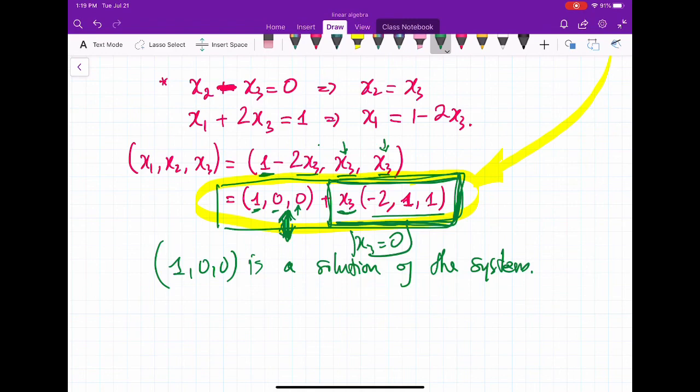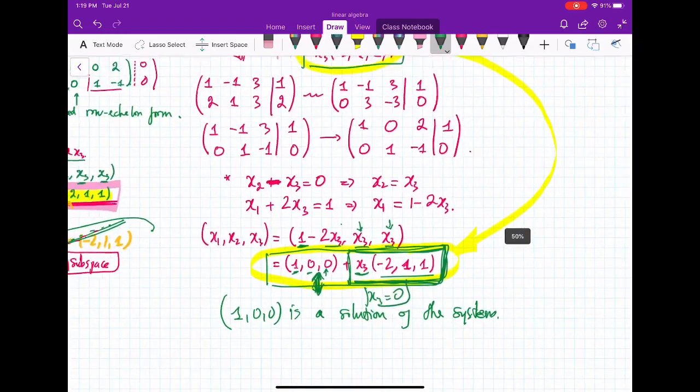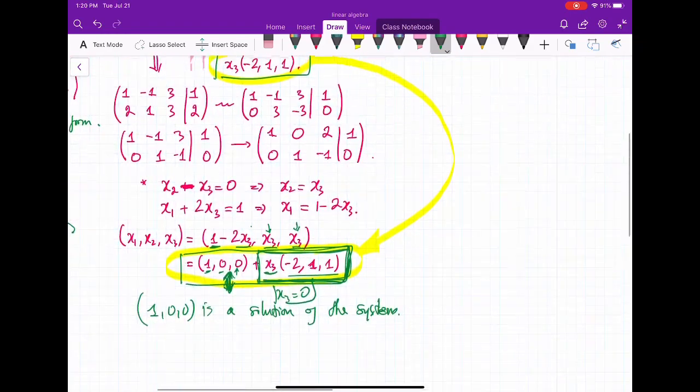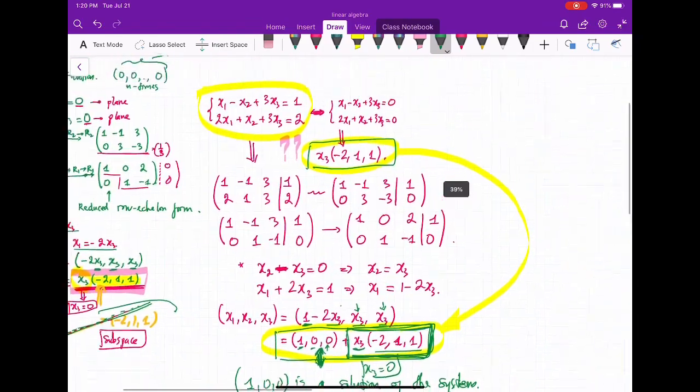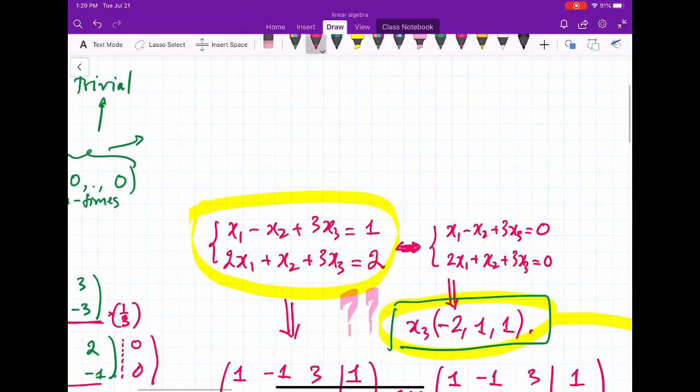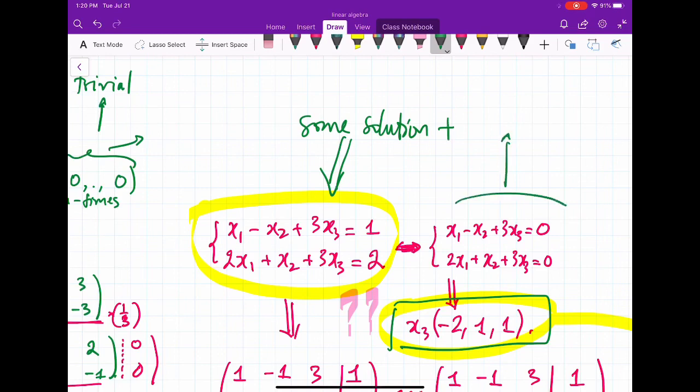So I hope you can guess the structure of the general solution of our system of linear equations. Here's the structure. The general solution of this system has two components. The first component is some particular solution, plus the solution of the homogeneous system.